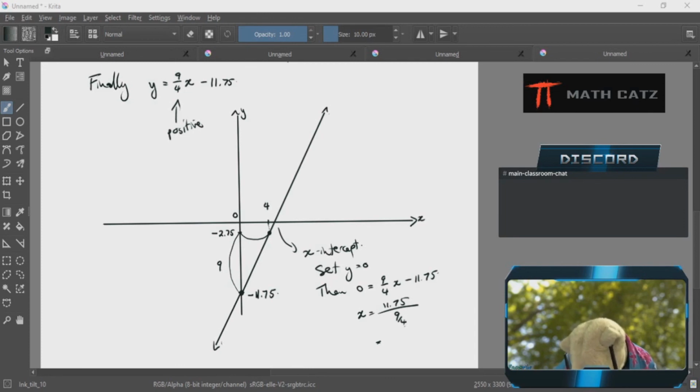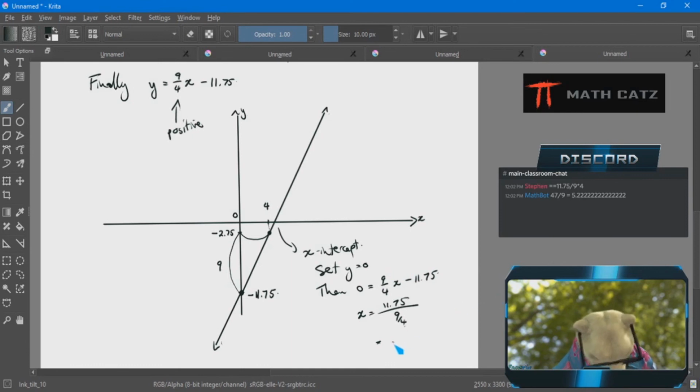That'll be divided by 9 times 4 because of the fraction. And in this case, it turns out it was a little over 5 actually, 5.2 repeating. I'll put a little line over it. So that's that x-intercept over there, if they happen to ask for it, but they didn't in this case. I just wanted to be complete to see everything there is to see.